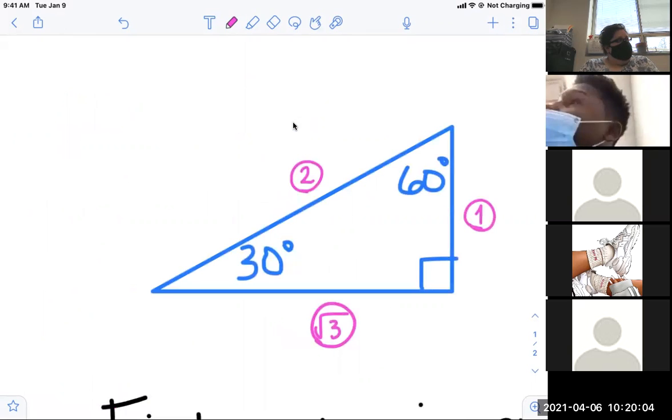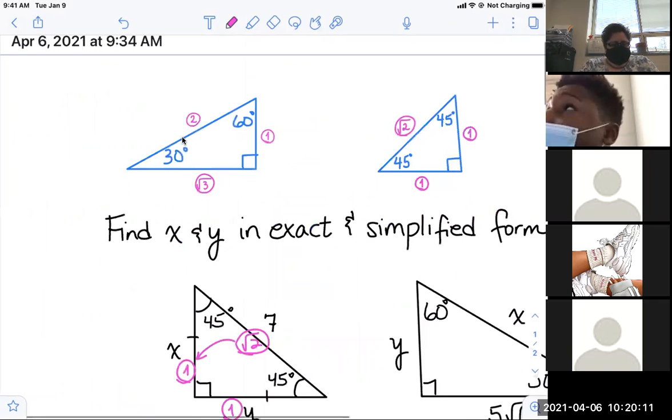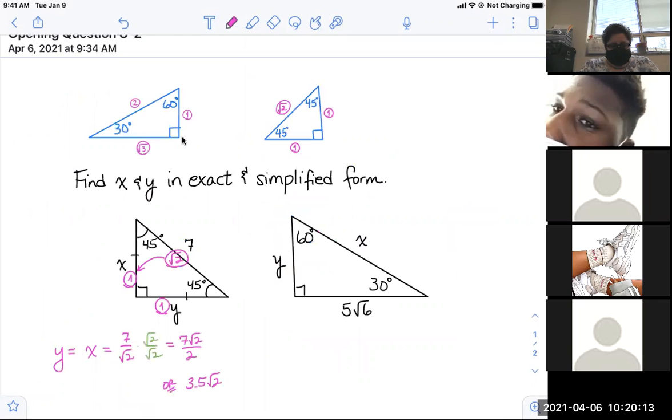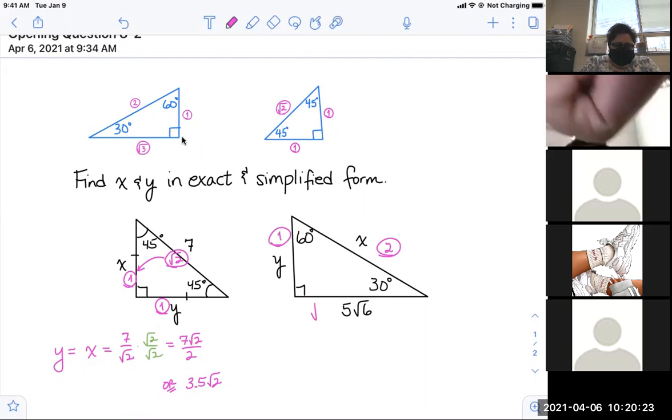Do you see that? 2 is which side? Yeah, it's the hypotenuse, right? The hypotenuse is 2. So that's where our 2 goes. Where's the 1? The y. The short leg across from the 30 is our 1. And then the other long leg is our root 3 side.